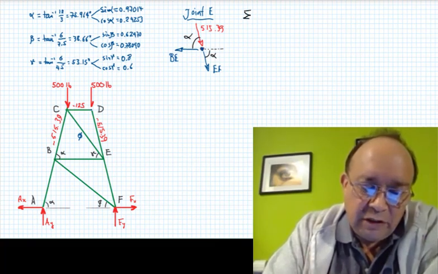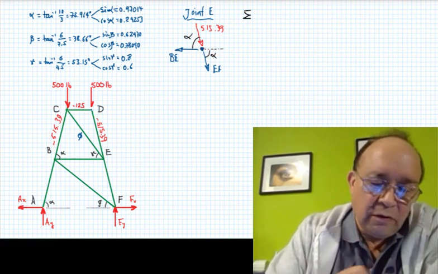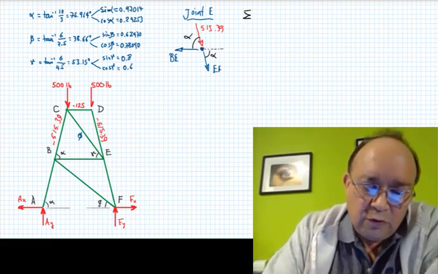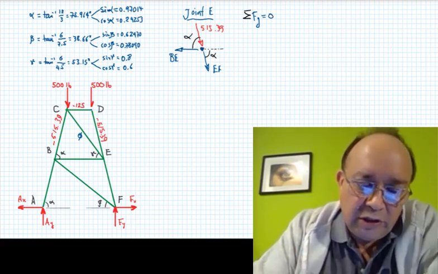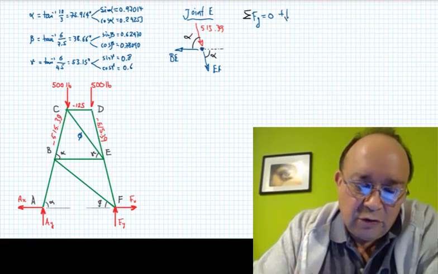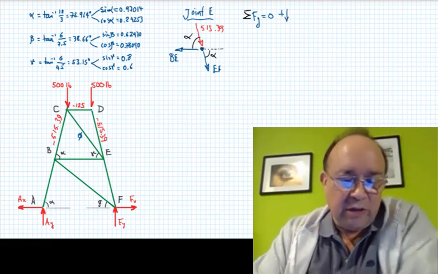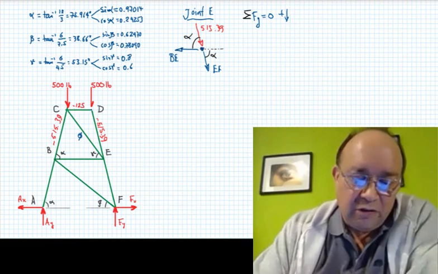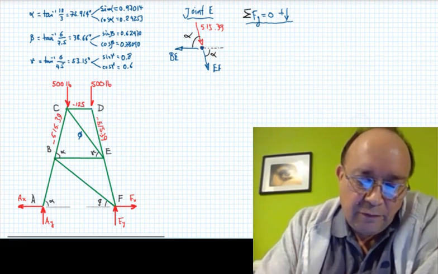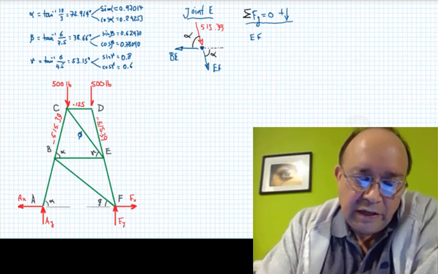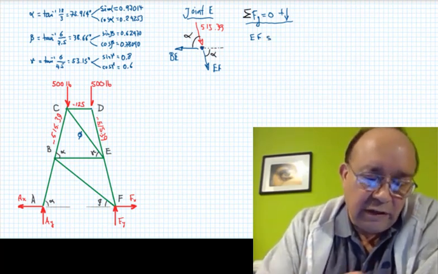So summation, this sigma means summation of forces in the y direction equal to 0. And I'm going to use the convention positive going down, because all those forces go down. So in that case, I will get positive numbers in all my equations. So I will have EF sine alpha. Oh, sine alpha, I have it right here.